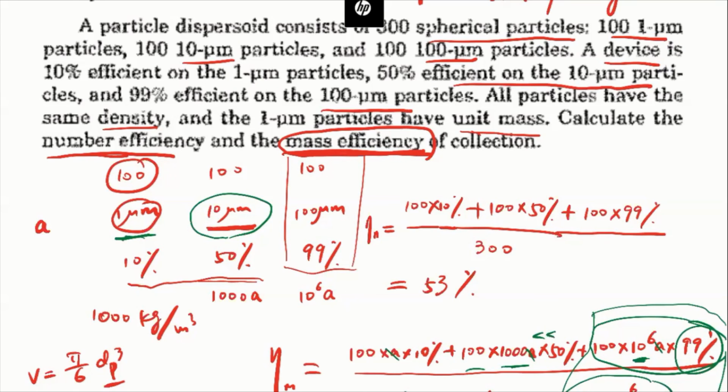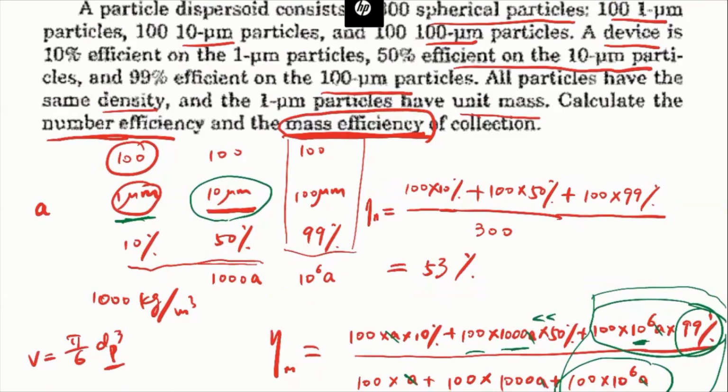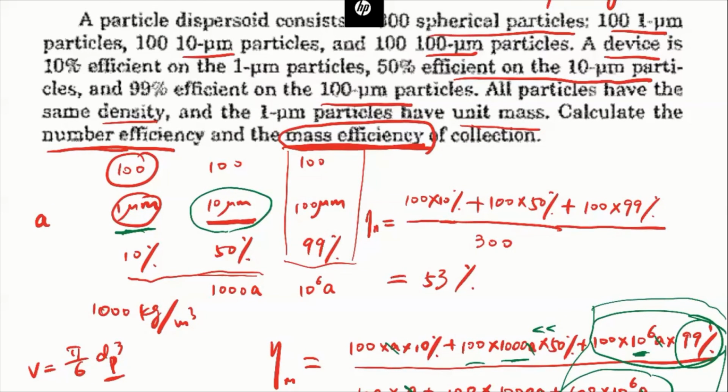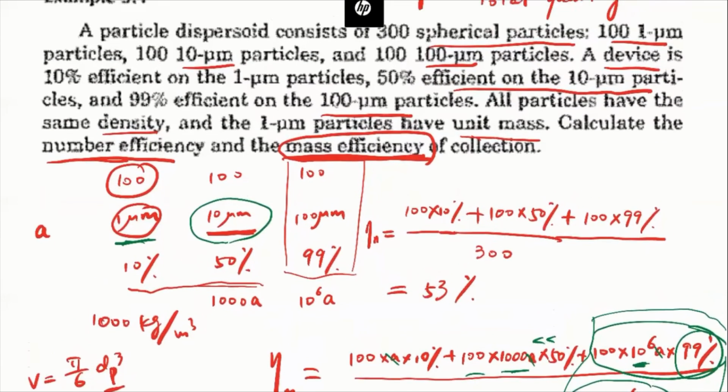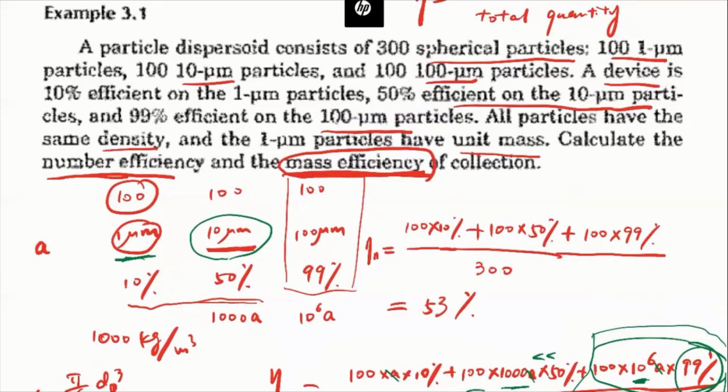So that's why, although a lot of PM control devices right now state that they have even 99.9% removal efficiency, if we talk about those particles that have the most negative effects on human health, those devices are still not efficient in removing them, right? So just pay attention when we talk about either number efficiency or mass efficiency, because they will differ by quite a lot if we talk about particles with different sizes.